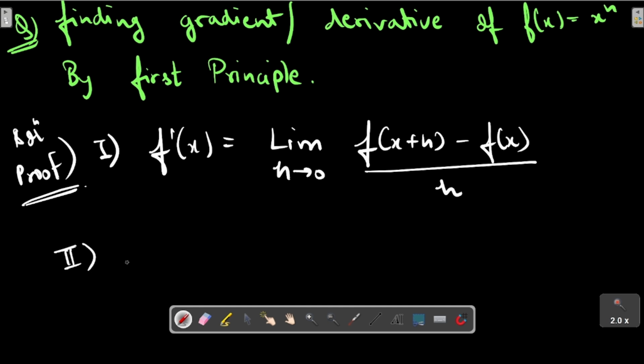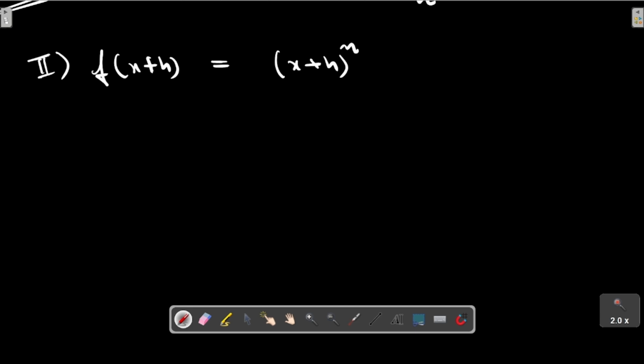Now second part, let's find your f of x plus h. So it's x plus h to the power of n. Okay, and make sure that your n and h look different. Now let's just expand it.